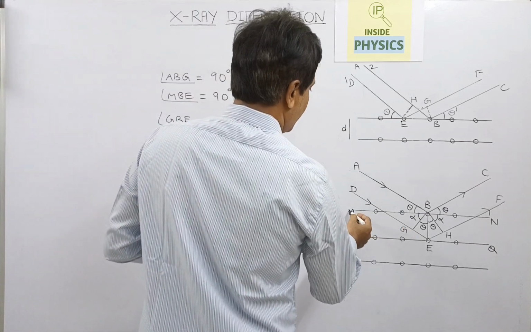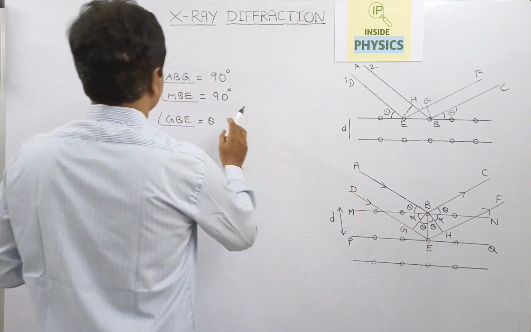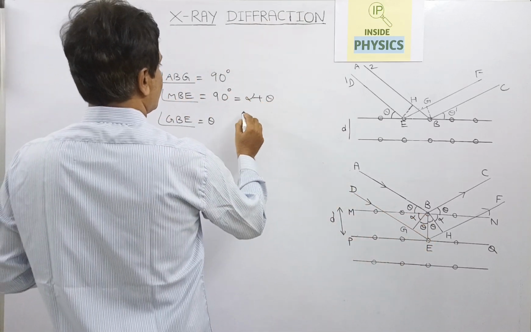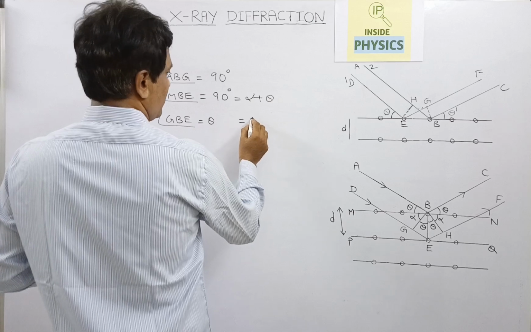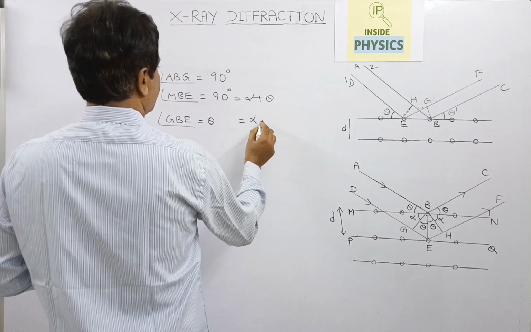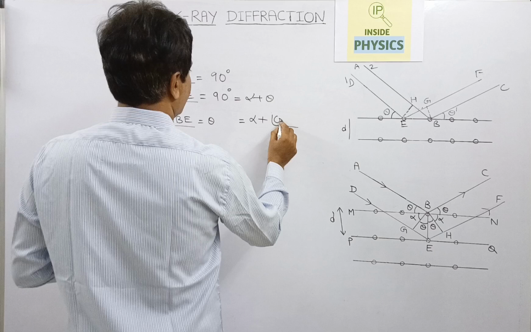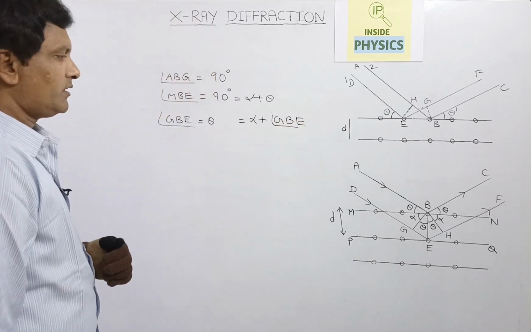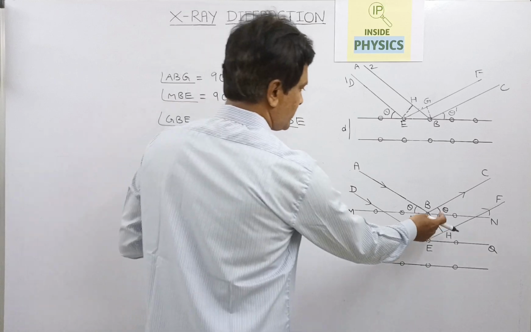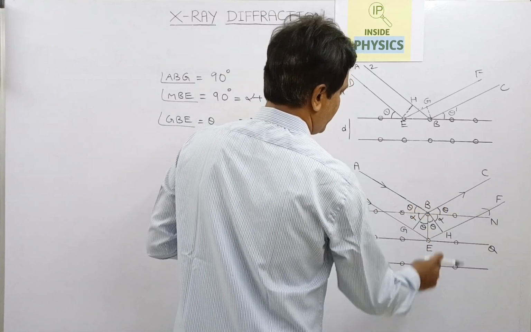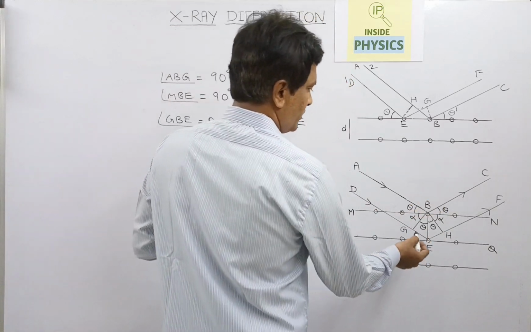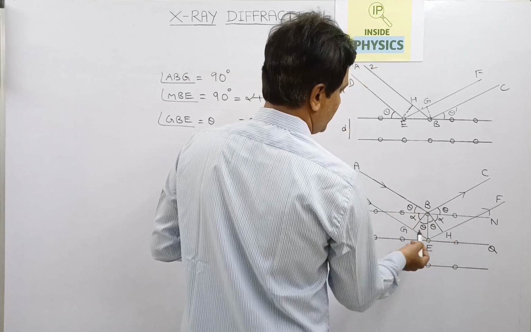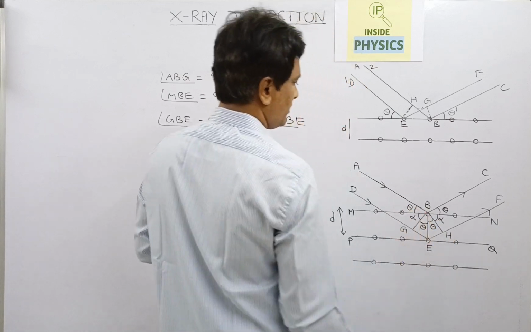So MBE is 90, that means alpha plus theta, where theta is GBE. This is the description I am giving to understand the angles in this incident reflection pattern. If this is alpha, this is also alpha. If this is theta, this is also theta.